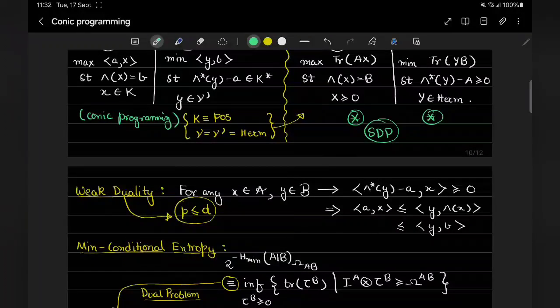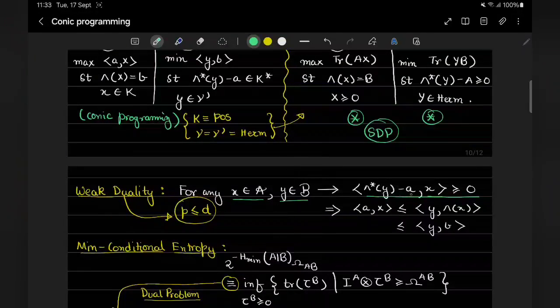This can be easily seen by taking any x belonging to the primal feasible set and a y belonging to the dual feasible set, and then using the definition that the dual feasible set satisfies this constraint because it belongs to a dual cone.